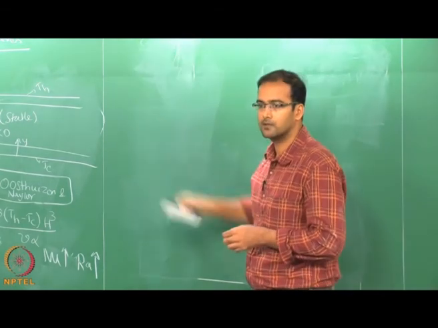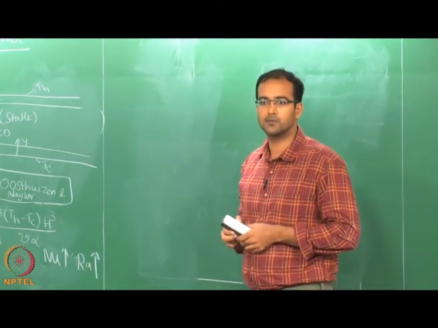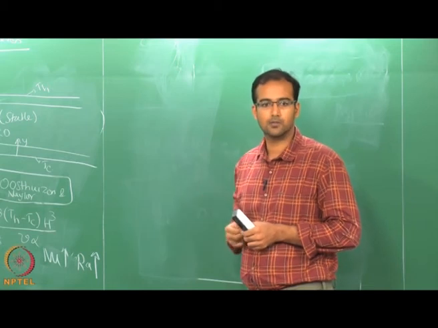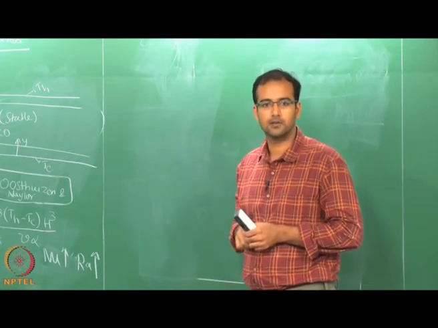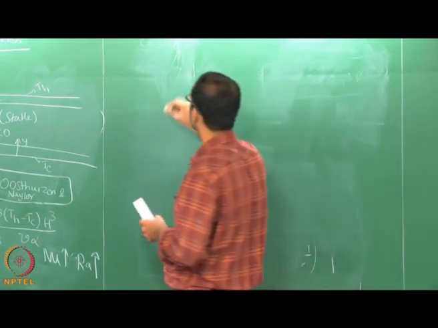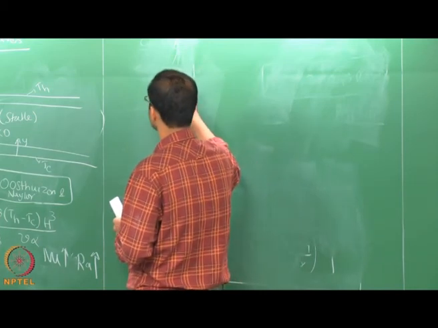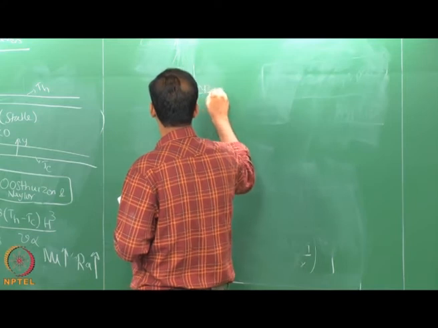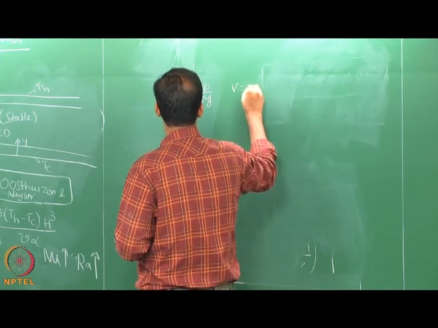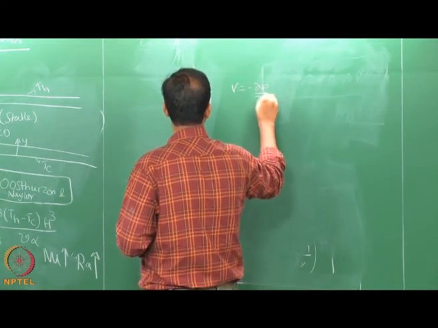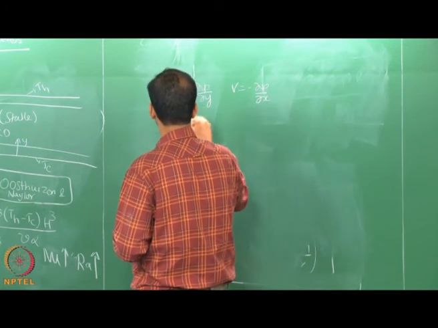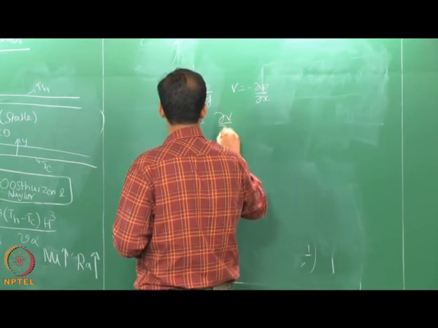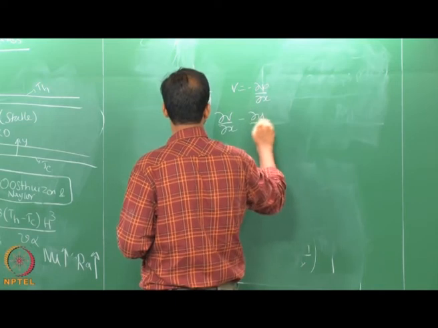Therefore, you have only two equations, one for the stream function, the other for vorticity. You introduce the definition of your stream function, u = dψ/dy, v = -dψ/dx, and similarly vorticity, which is dv/dx minus du/dy.